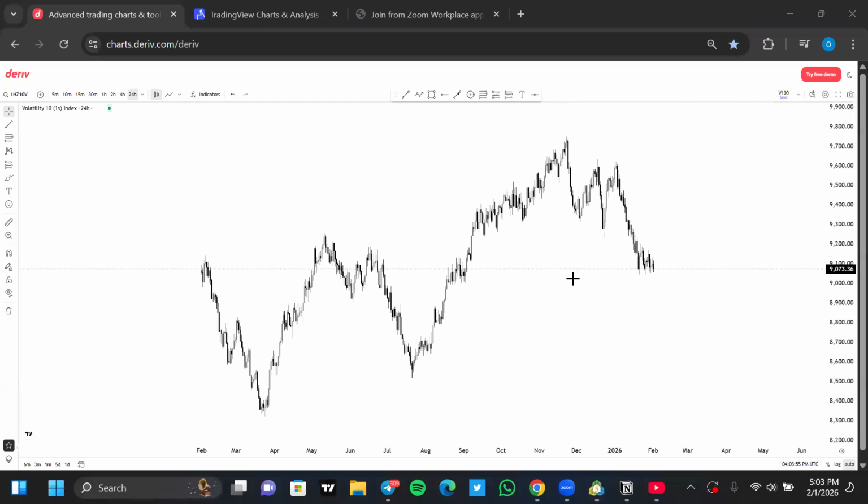All right. So we want to do a quick top-down analysis on the volatility pairs and the jump pairs. Those are the two sections where we want to do the top-down analysis.